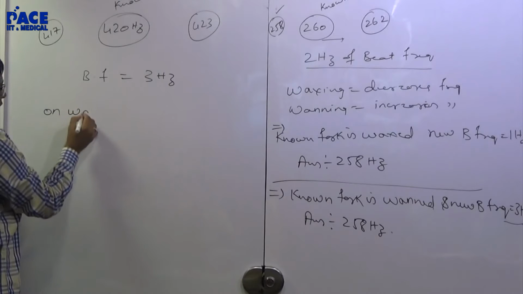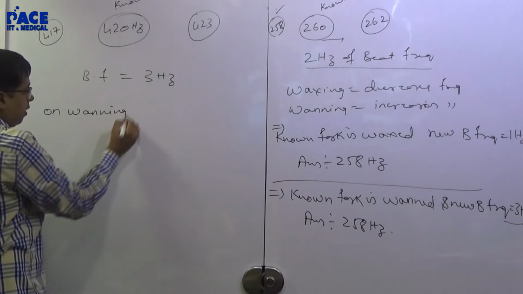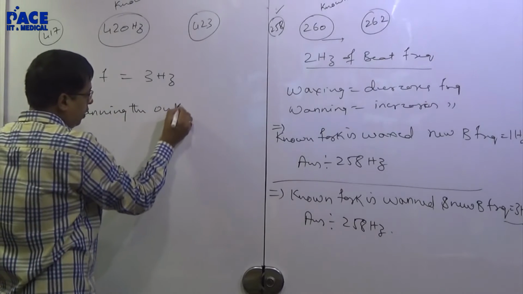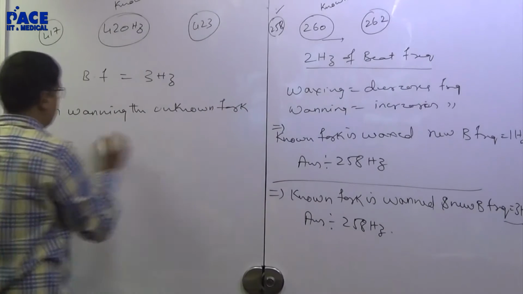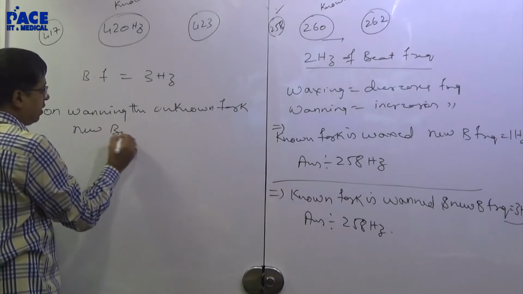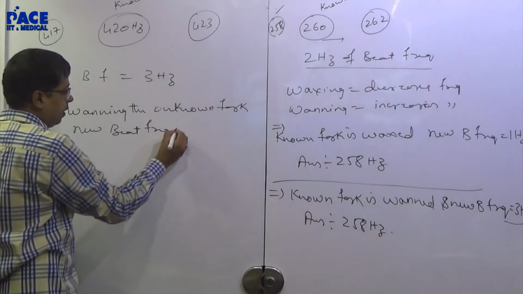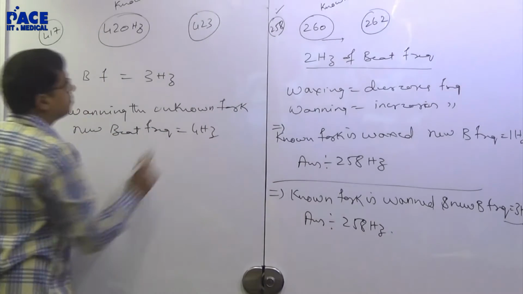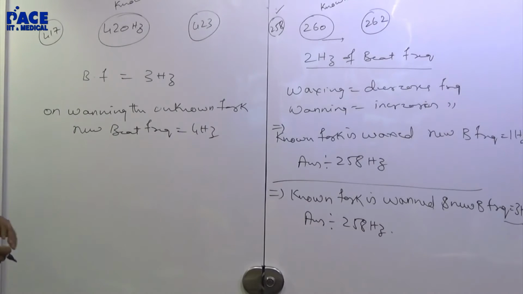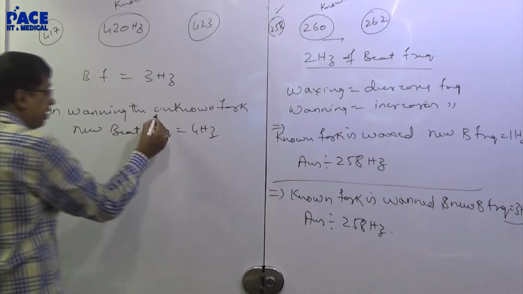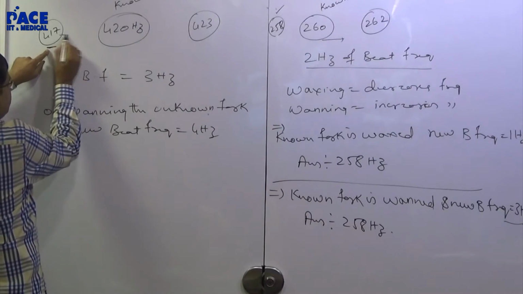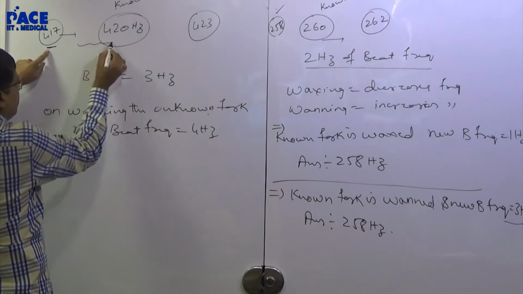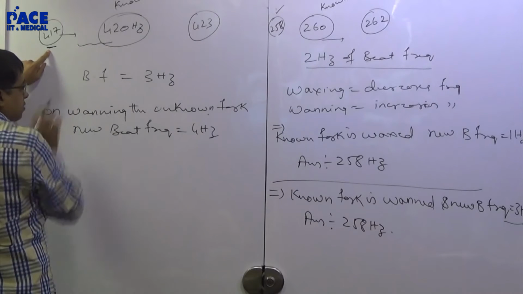On waning the unknown tuning fork, the new beat frequency is 4 hertz. Now listen, if I would have waned the unknown, its frequency increased, so the beat frequency should be lesser than 3.